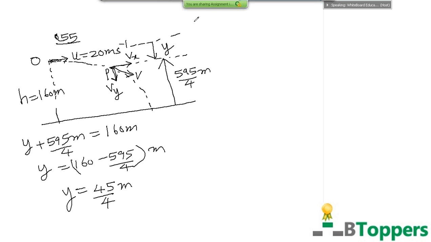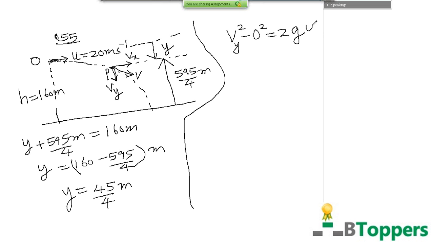If we use the equation v square minus u square equal to 2as for motion in the vertical direction, you can write Vy square minus the initial velocity in the vertical direction, which is 0, with acceleration in the vertical direction equal to g.